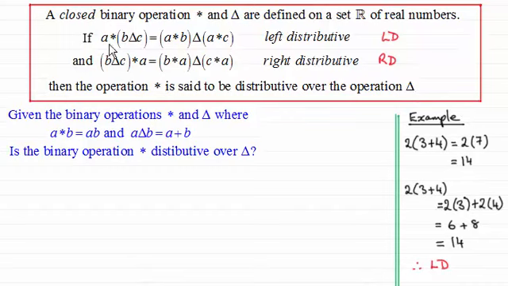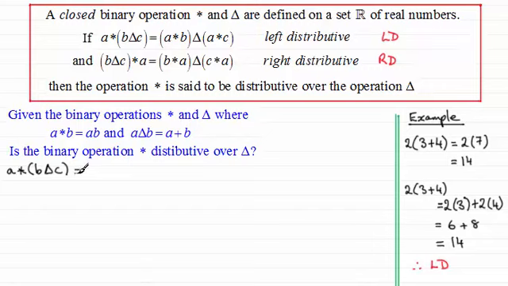Now when it comes to working each of these out, I need to take the left hand side, work that out separately, and the right hand side, work that out separately, and check that they both agree. So it's quite a lot of work here. So first of all then, I'll just work out what A star of B triangle C is going to be.